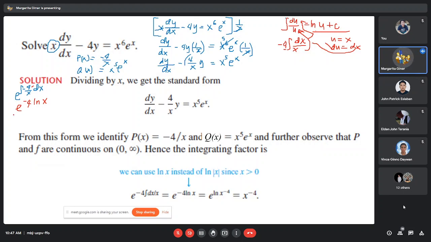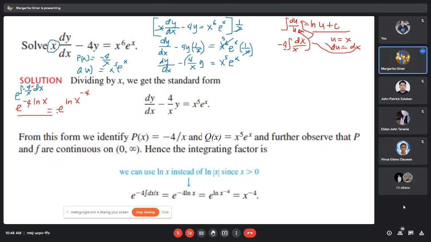So, this is your integrating factor. But take note of this, that e raised to negative 4 ln can also be written as e raised to ln x raised to the negative 4. These are logarithmic rules from algebra.